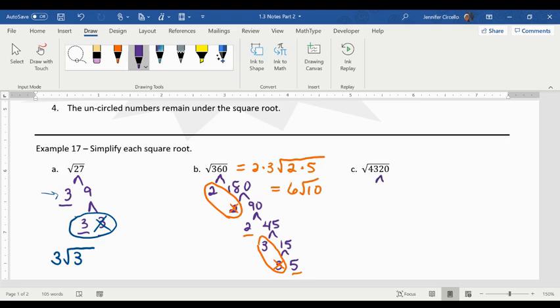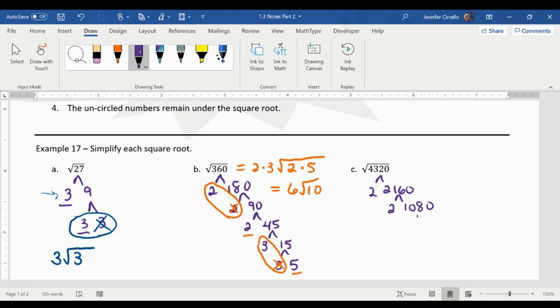So 4320 is divisible by 2, and that will be 2160. 2160 divided by 2 is 2 times 1080.